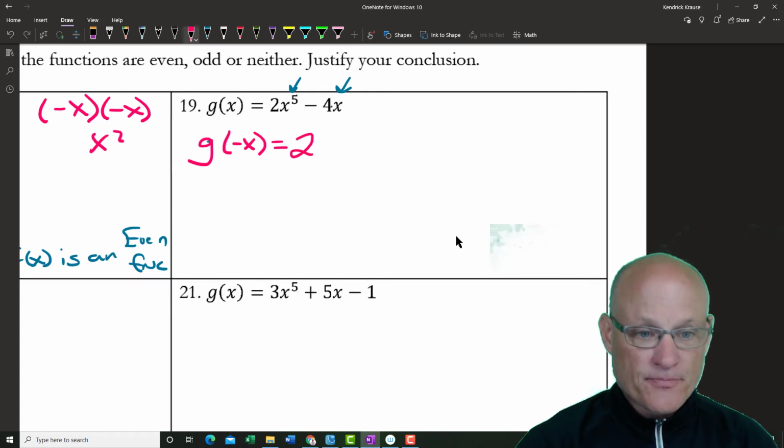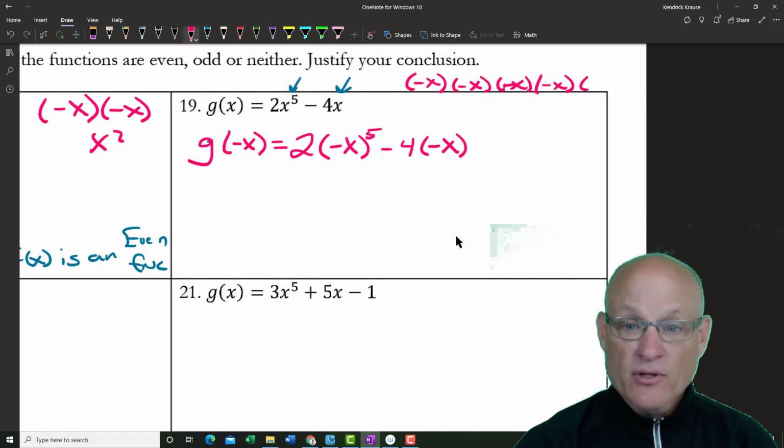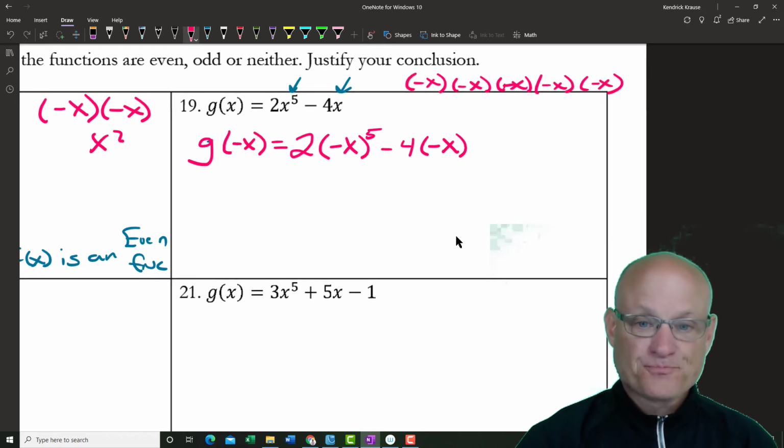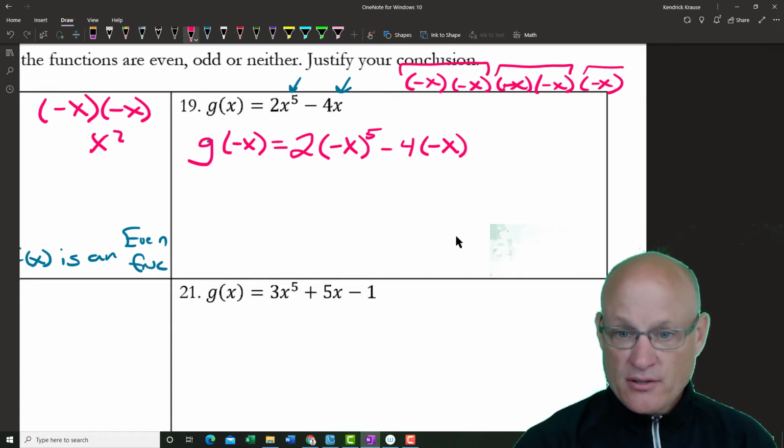So 2 times negative x to the fifth minus 4 times negative x. Now negative x to the fifth is negative x times negative x times negative x times negative x times negative x. Don't every two of these make a positive? So that's a positive, that's a positive, that's a negative.